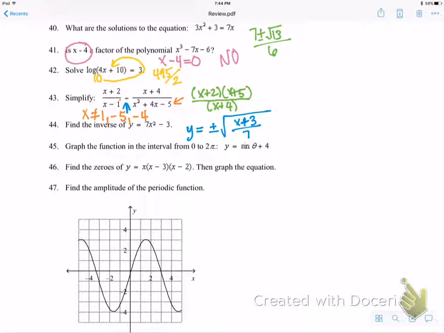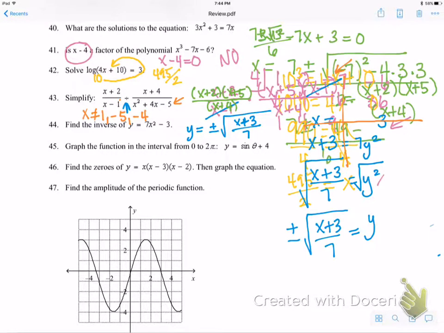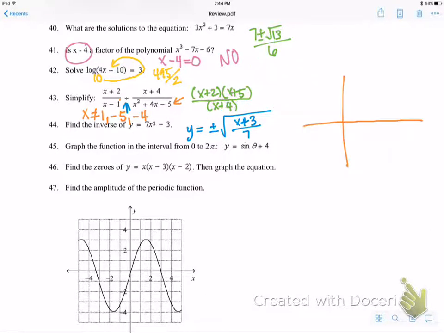Number 45, you could do in your calculator if you wanted to. The main thing for this one is to remember that the sine function normally goes through the origin. It does something like this. Sorry. It starts here and it goes up, down, like that.